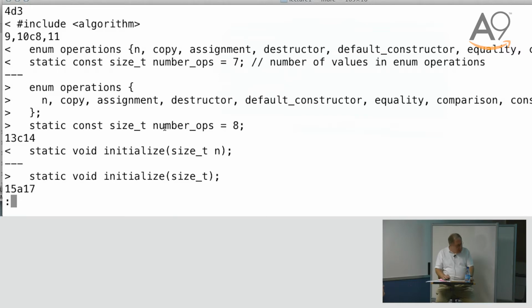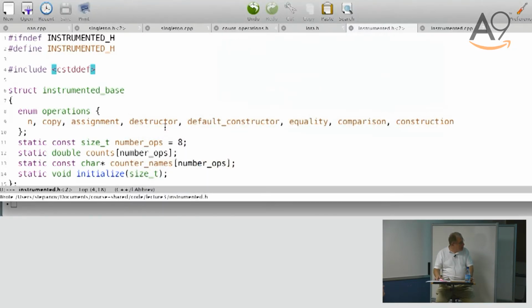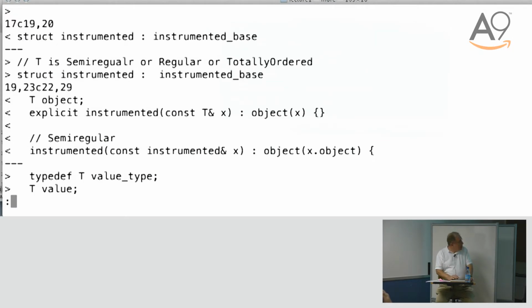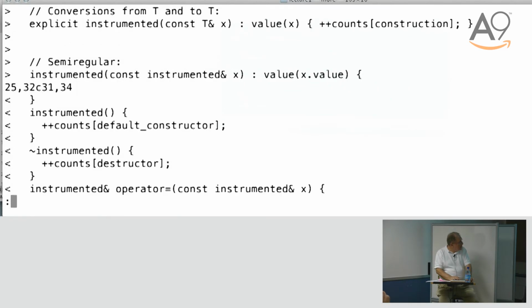Let us, this is good. So how do we go? What is the difference anybody sees?